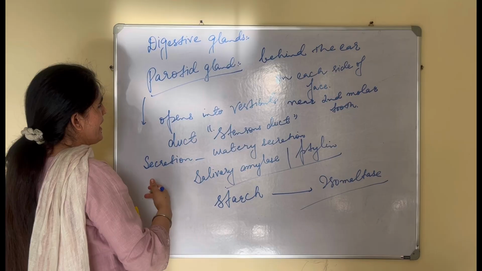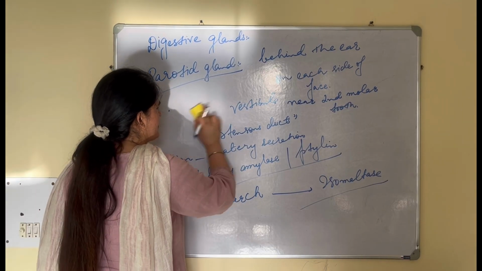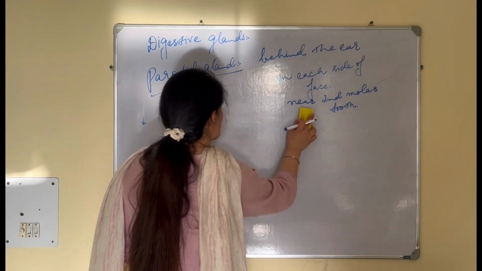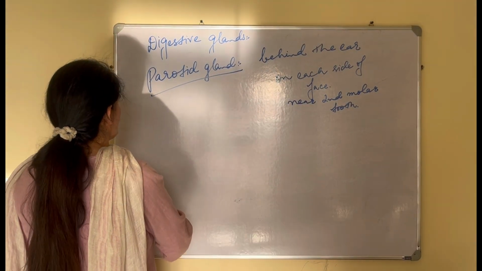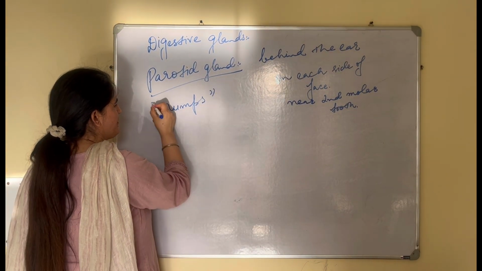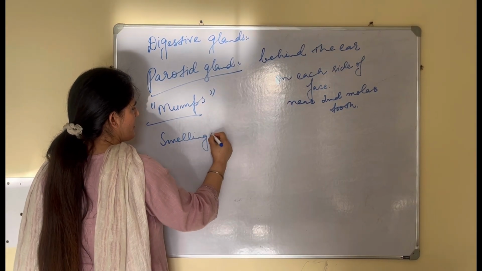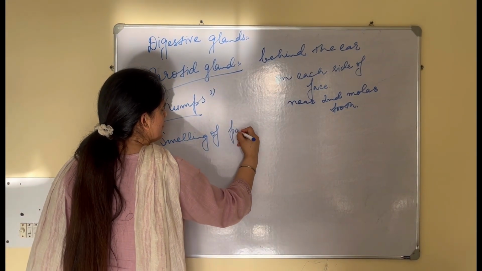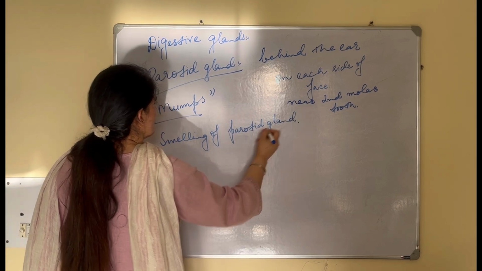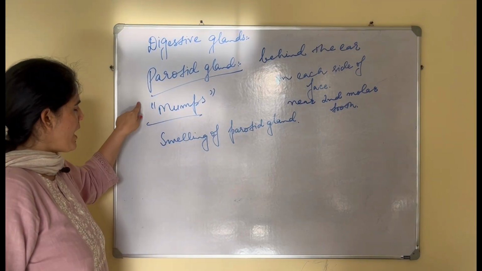Sometimes inflammation occurs in the parotid glands, and that swelling of the parotid gland is known as mumps. In children, mumps does occur.